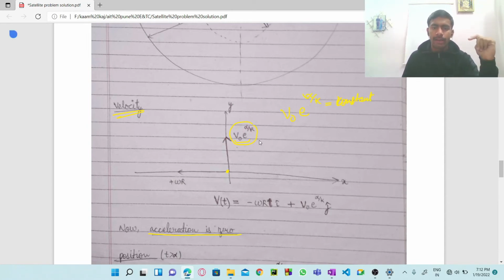Because till time alpha it would have reached the velocity of this, and after that it will continue with this much velocity until it reaches the destination. And omega r is always present. This is minus, I have just noted it as plus to show the magnitude is plus, but the direction would be negative only. So that is why I wrote this velocity equation as minus omega r i cap plus this much factor into j cap. This will continue.